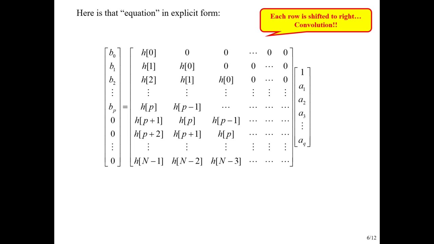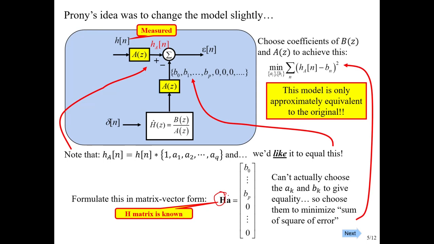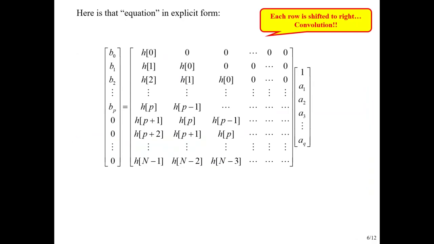So remember, this H matrix times the A has to mimic what this convolution is doing. So for every value of this, we're going to have one row of H interacting with the vector A. So here it is. So notice the rows. Each row is just shifted to the right. So that goes over there, and now H1 comes in. And now these go over there, and H2 comes in.